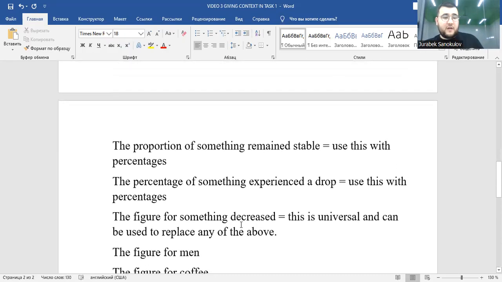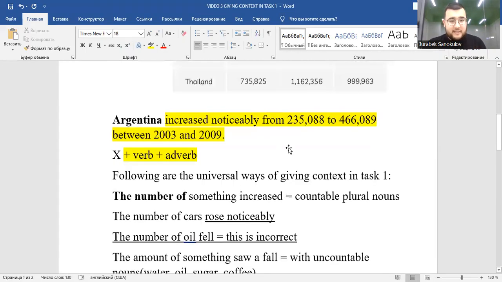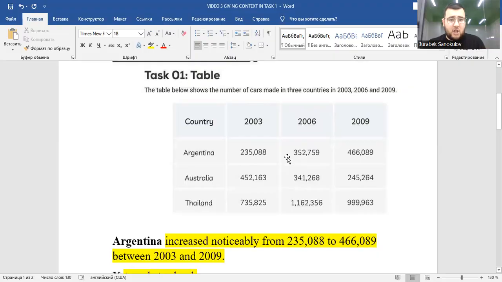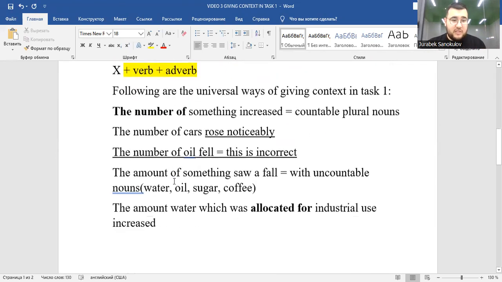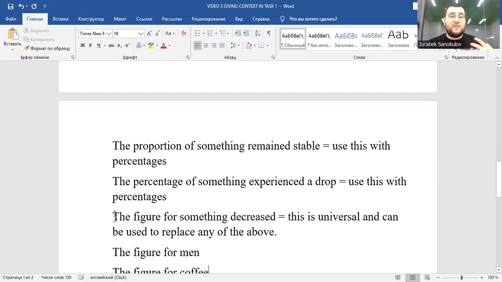So to give context in task one, you can use one of these depending on the context as well. So first off, you need to identify what's going on. Here in this context, it's about cars. So it's a plural countable noun. It means that you can use the number of, or you can say the figure for.